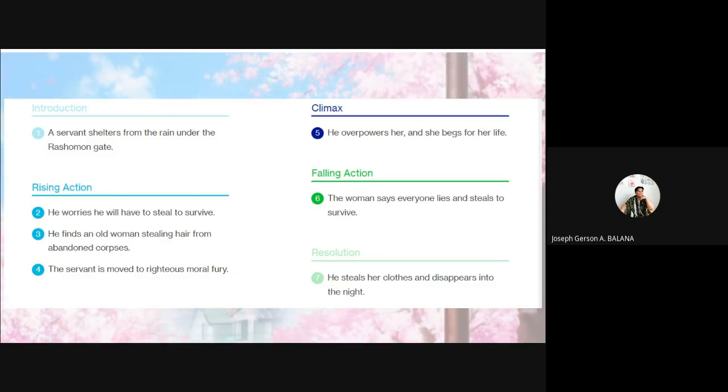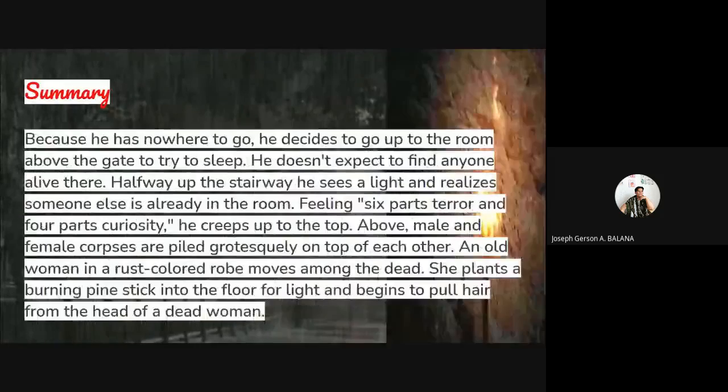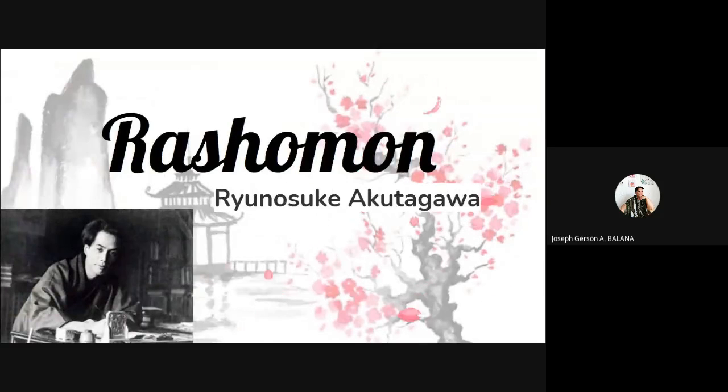The story actually presents some sort of moral ambiguity. It doesn't really give us a lesson on what it is to do good or be particular about what's the right or wrong thing to do. The story does not present that, and that's one of the fascinations of Ryunosuke Akutagawa's work. He just presents a particular reality.